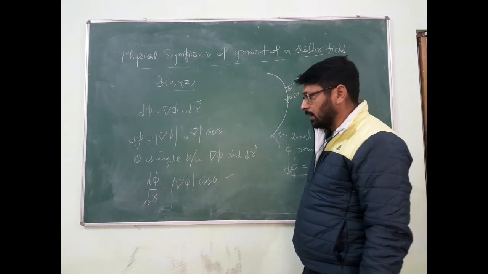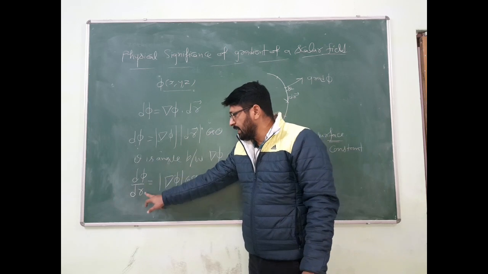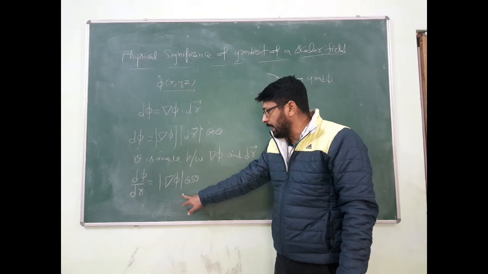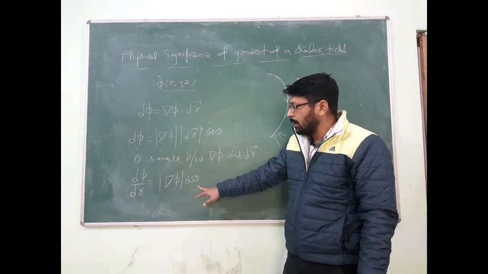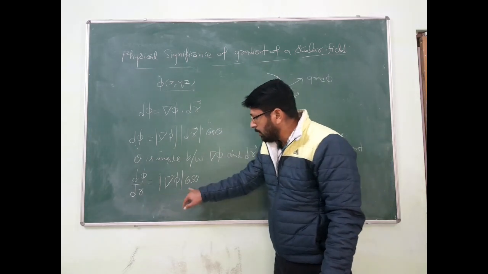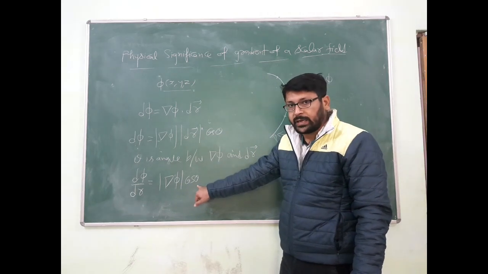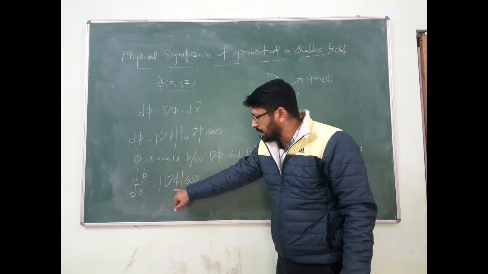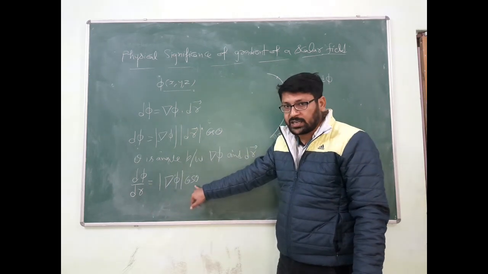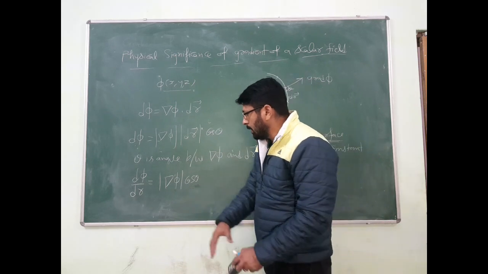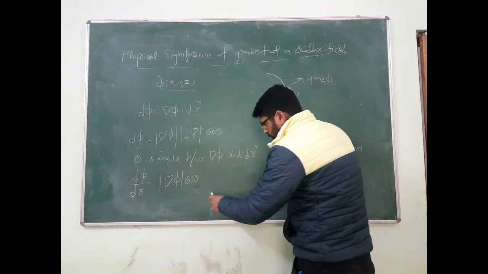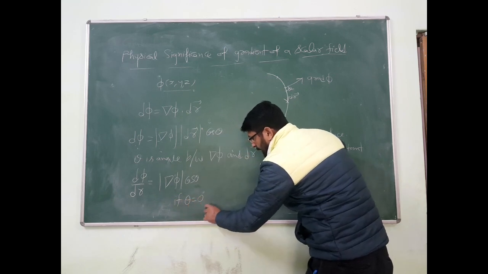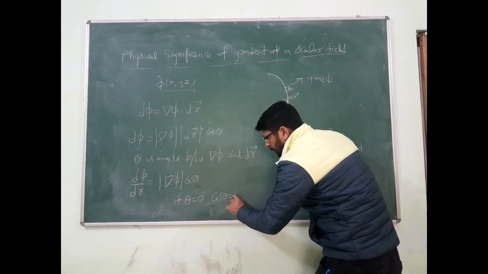So the rate of change of phi with respect to r will be equal to the magnitude of gradient of phi into cos of theta. That means it depends on the direction of motion, angle theta. So this value depends not only on gradient of phi, but also on the direction of motion as well.